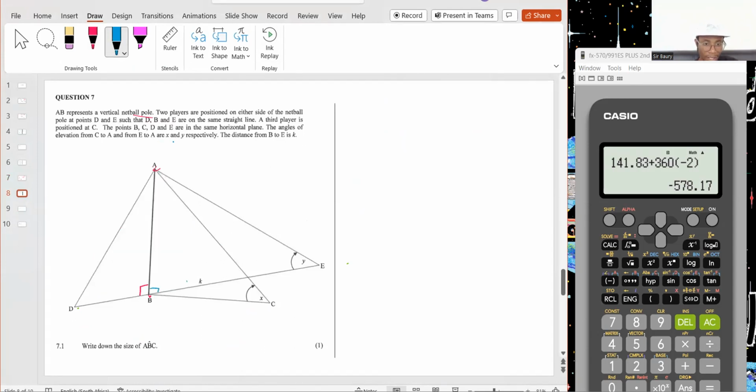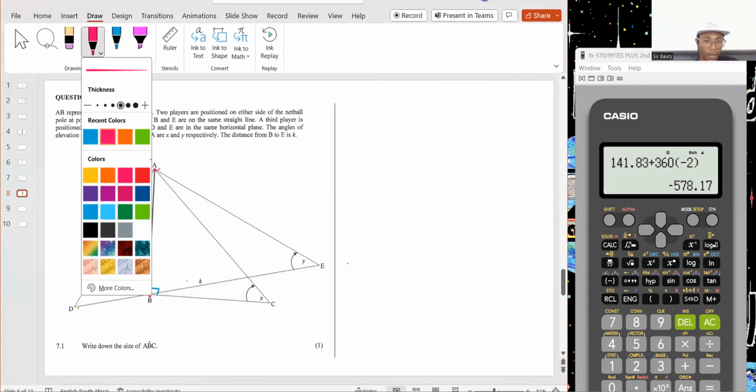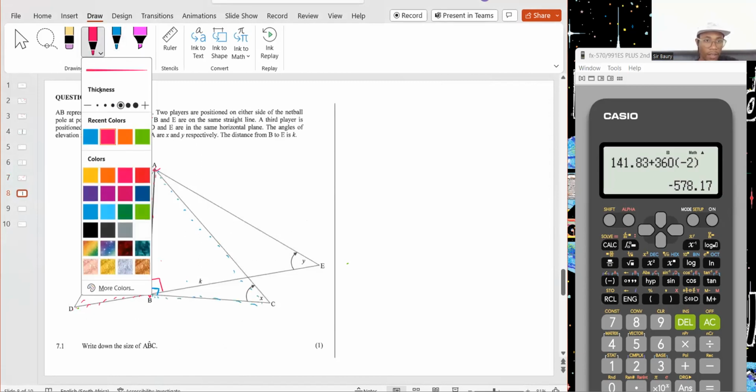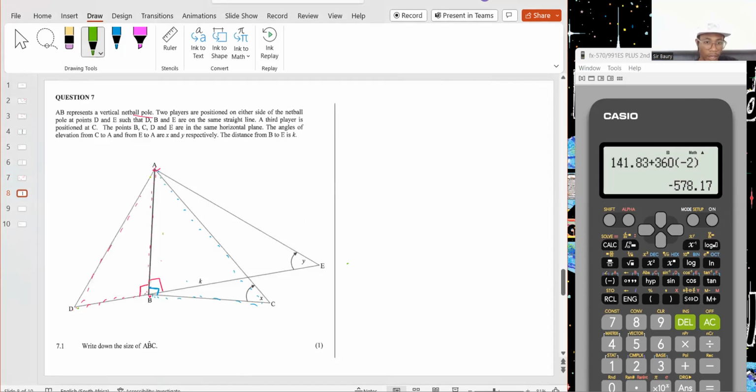Here also, there's a 90 degrees, and then you have another 90 degrees here. So it's forming 3 triangles. You have this right angle triangle, then also this right angle triangle, and then we have this right angle triangle, which has this 90 degrees.